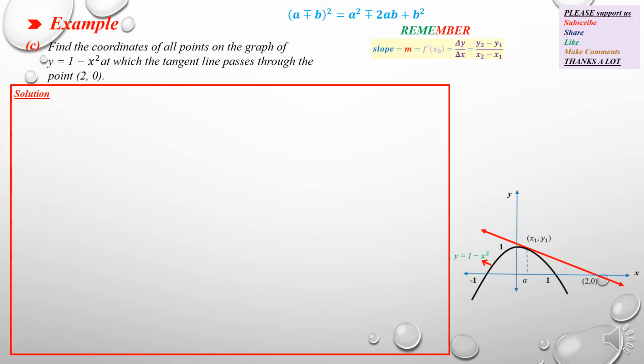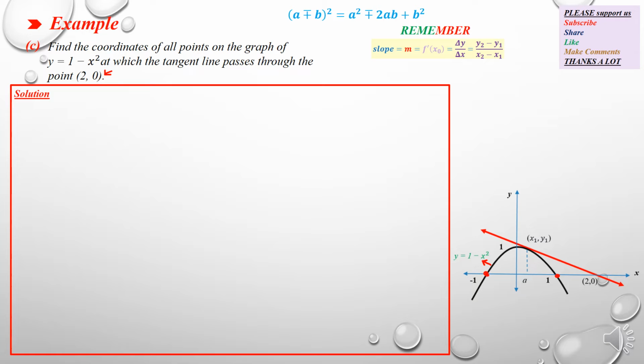It is shifted 1 unit up and has 2 x-intercepts, x equals -1 and x equals 1. And pay attention that the point you have in this question is 2, 0, and it's out of the curve. It is not on the curve. It is on the tangent line only, as mentioned in the example.